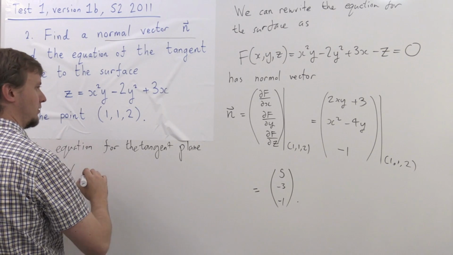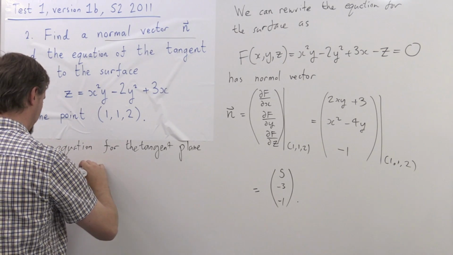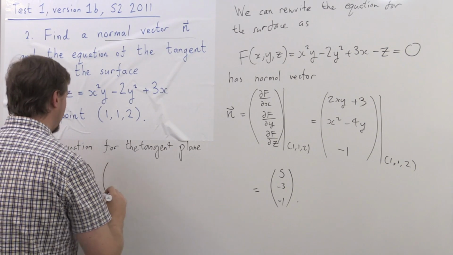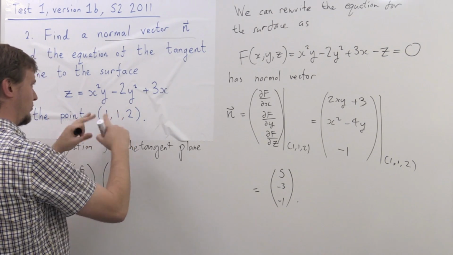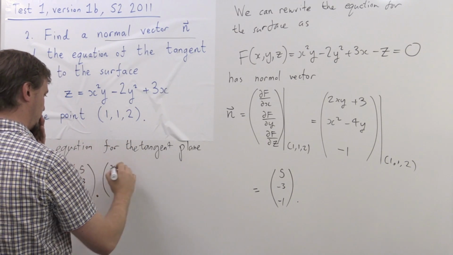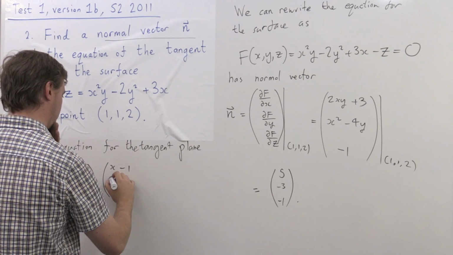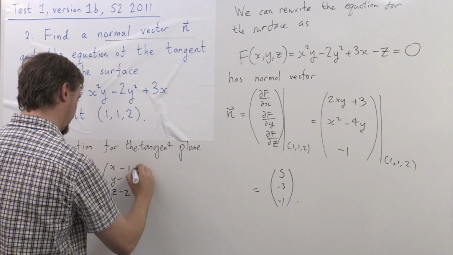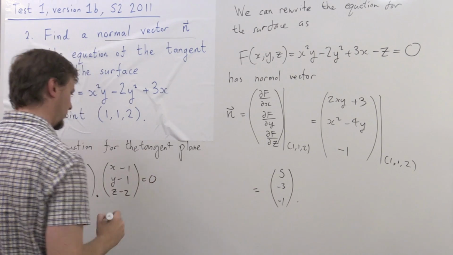It's the dot product of the normal vector, 5, minus 3, minus 1, with the difference between an x, y, z coordinate and my point. That's x minus 1, y minus 1, z minus 2 equals 0.